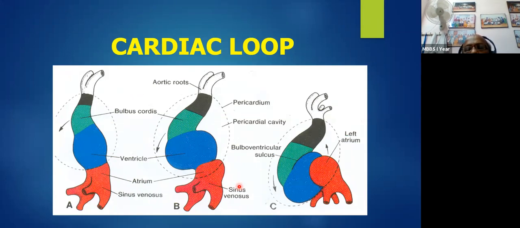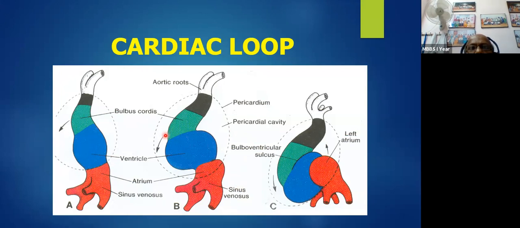So to get accommodated into the pericardial cavity, or otherwise to attain the final position of your cardiac chambers, we have formation of the cardiac loop. See the bulbus cordis. The bulbus cordis is divided into conus and truncus arteriosus. That descends downwards, or otherwise caudal.